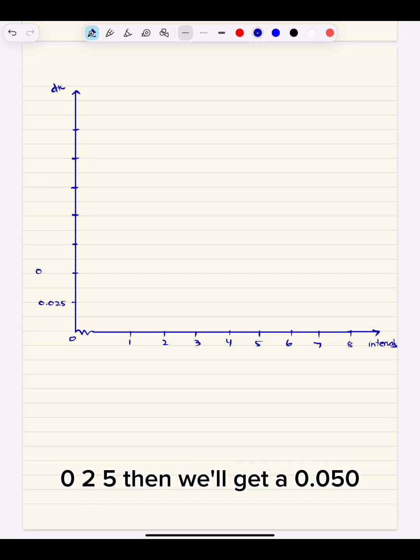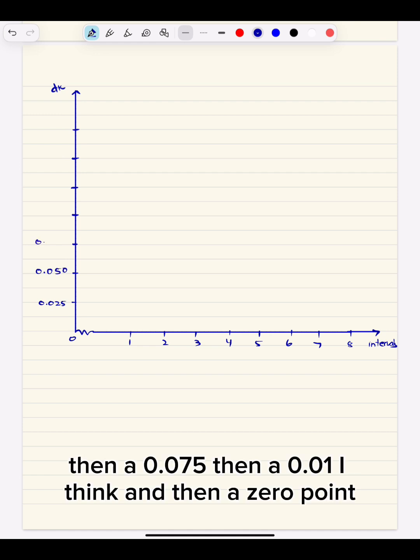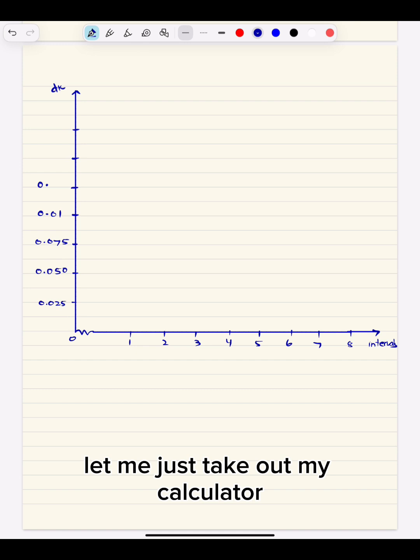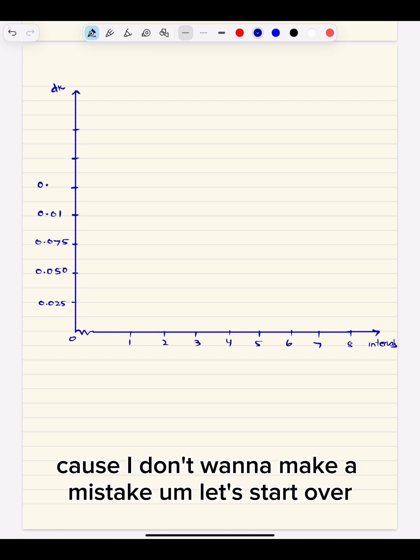Then we'll get a 0.050. Then a 0.075. Then a 0.01, I think. Let me just take out my calculator because I don't want to make a mistake.